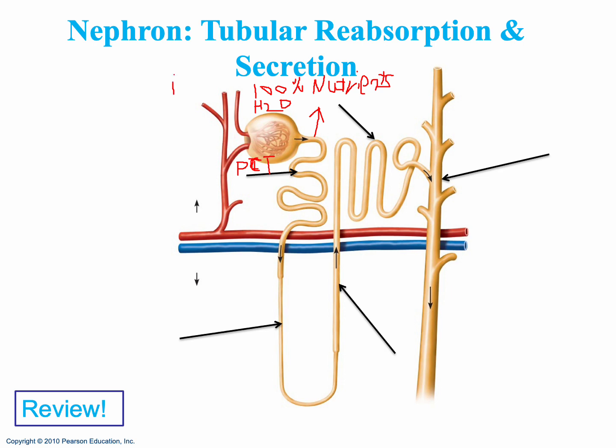Likewise, you can also have some ions reabsorbed here. So ions. Might be kind of hard to read there, but ions. And then those would be the items that are typically reabsorbed.